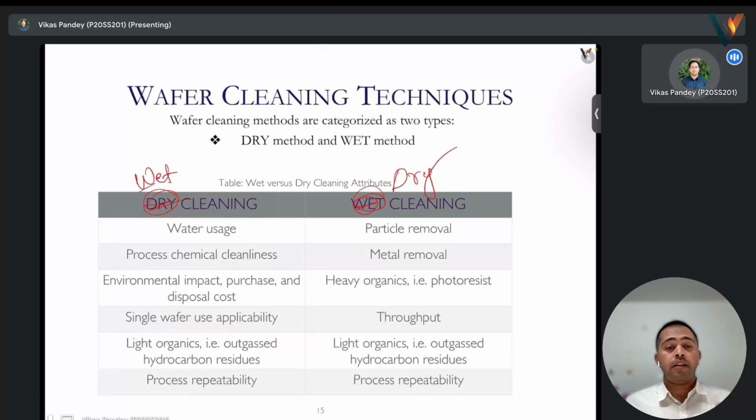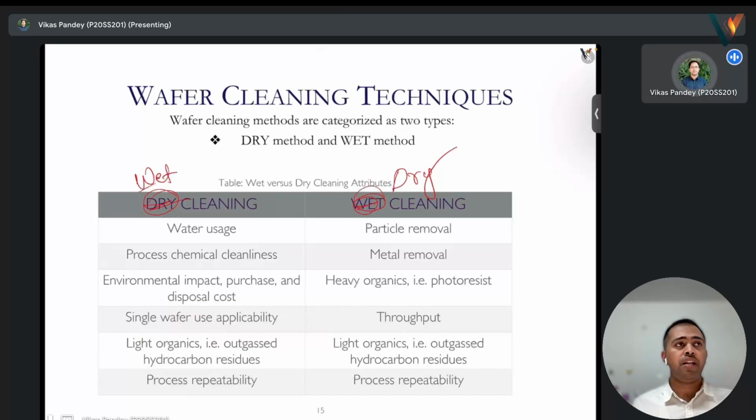Okay, then, but in case of dry cleaning, the thing is that we can process single wafers only. Whereas in case of wet cleaning, we are putting a lot of different wafers in altogether, and at once the cleaning can occur. Okay, it is repeatable in both the cases.